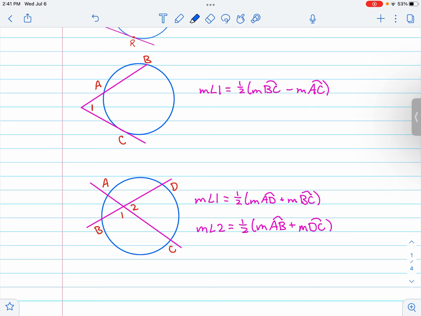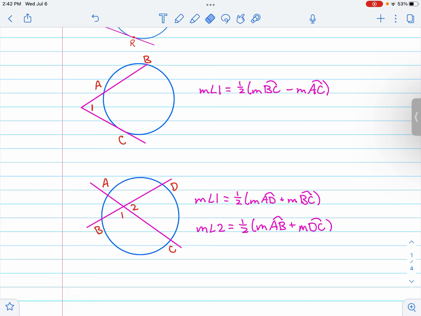So if we want angle 1, we're using the measure of the arcs above its corresponding vertical angle. Now, I've been saying arc length.